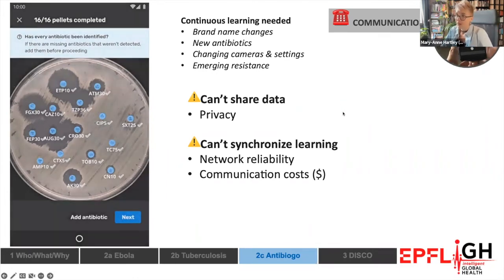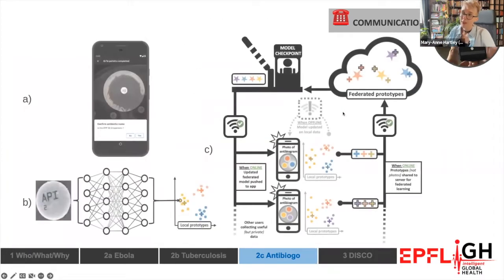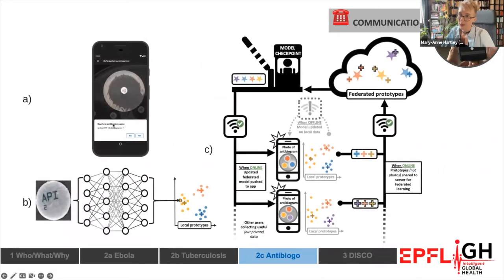So what we tried to do was we focus on that task of identifying the antibiotic name. And if you just look on this side, we're trying to identify this. We make basically a model that computes something that's much lower dimension, much simpler, and can be offline and online.